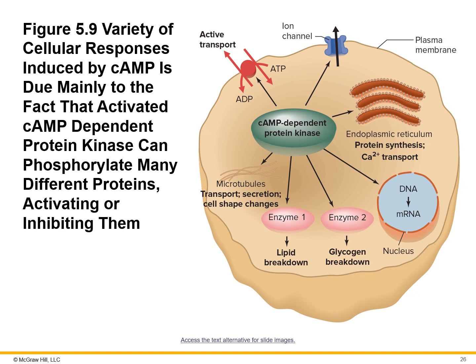So when we're talking about cellular responses, okay, in all the previous slides, it always just says in red down at the bottom, cellular response. What are some examples of cellular responses?